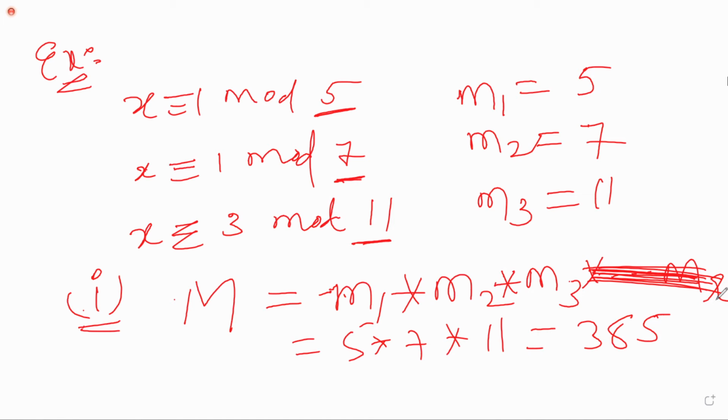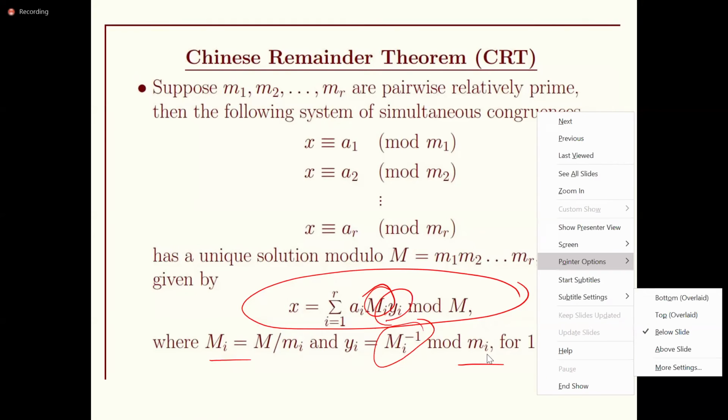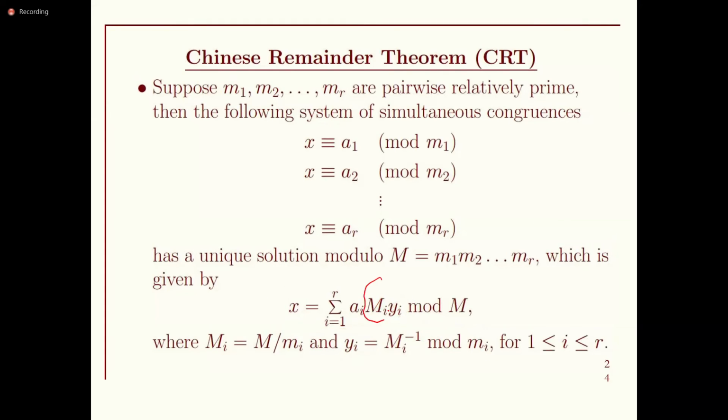So we got this capital M value. According to the formula, we need to calculate Mi and take the summation of all these Mi. What is Mi? Mi is nothing but capital M by small mi. Understood?